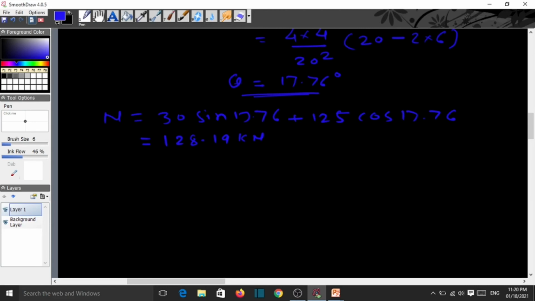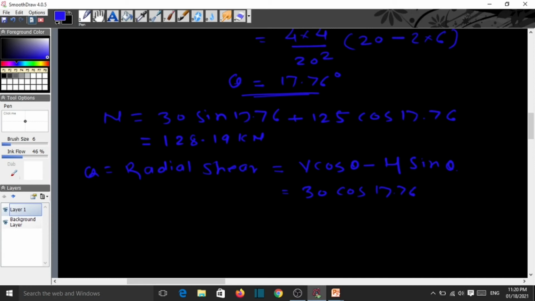Then next is the Q, that is called the radial shear. That is equal to V cos theta minus H sin theta. So we know V is equal to 30 and cos 17.76, minus H, which is 125, into the sine of 17.76.